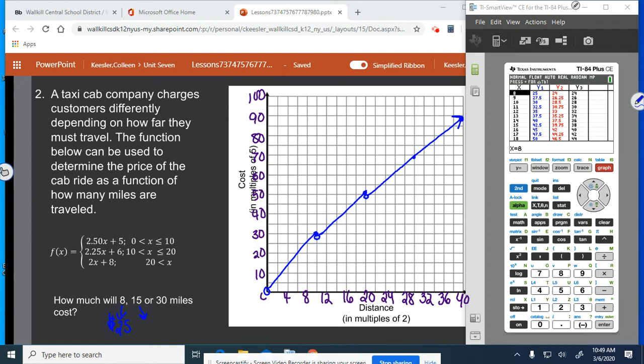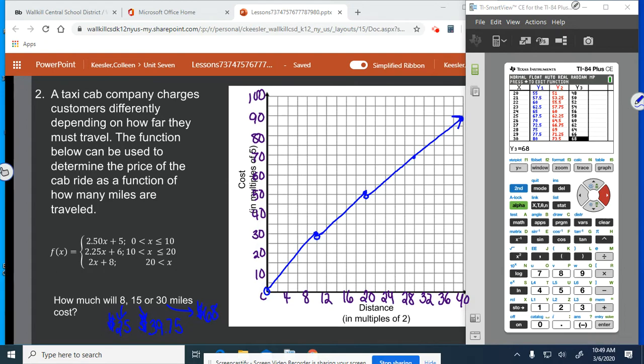So we can go to 15, and that's the $39.75. And then the 30 is in the last setting. And that would be the 68 that we saw before.